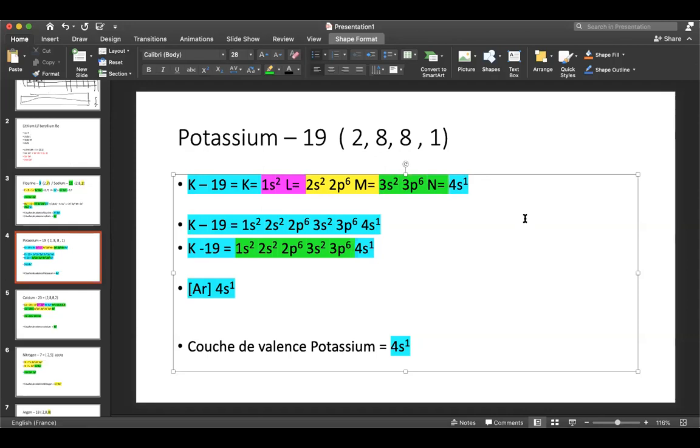N is the fourth energy level. This is where you have three subshells. In the fourth, not the third, in the fourth. So this is the reason why for the course I gave in the morning, I only went as far as 20. But for the course I'm going to start giving now, I'll go further. So the first 20, I can get you.